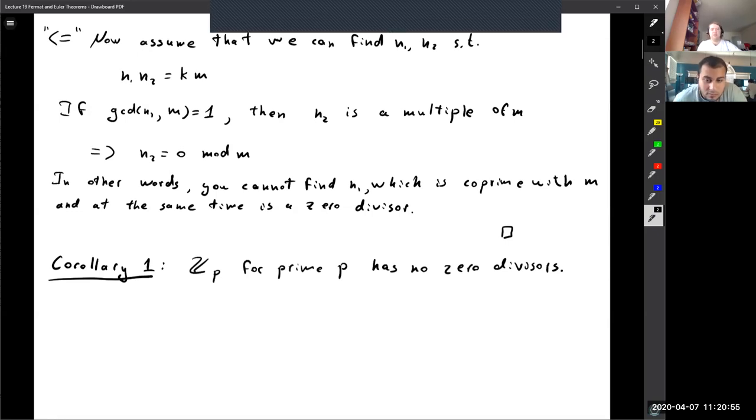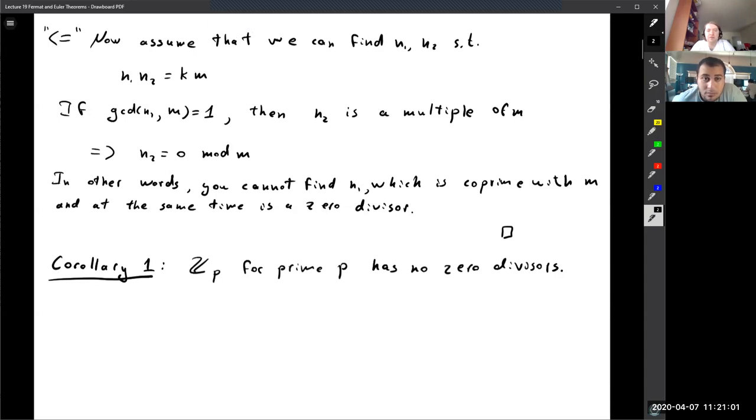In fact, later today we will prove that this is actually a field, but so far we know for sure that Zp for prime p is much closer to rings like Z, the rational numbers or the real numbers, where the product of two non-zero elements is definitely non-zero. The existence of zero divisors is closely related with the so-called cancellation laws. By the way, any questions so far about theorem 1 or the corollary?